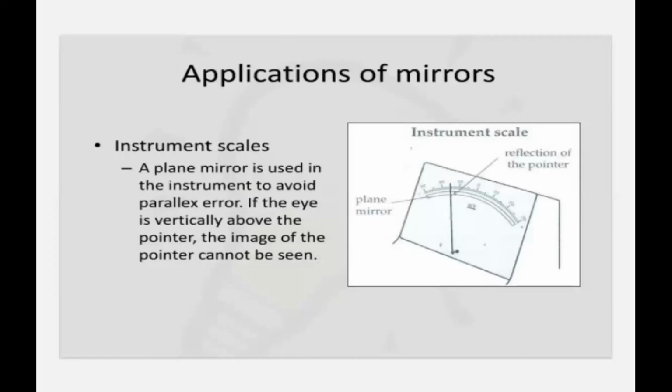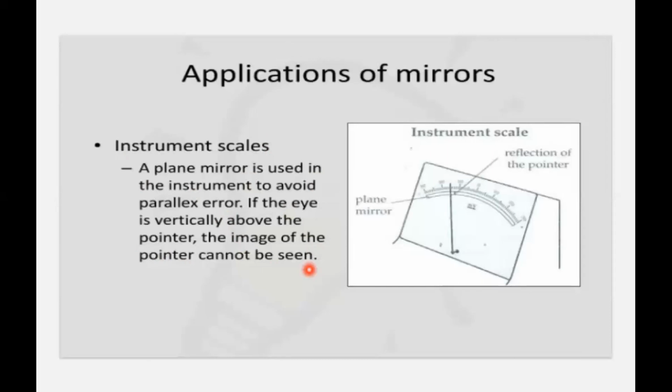The next application of mirrors is in instrument scales. A plane mirror is used in an instrument to avoid parallax error. If the eye is vertically above the pointer, the image of the pointer cannot be seen. Now, what is parallax error?